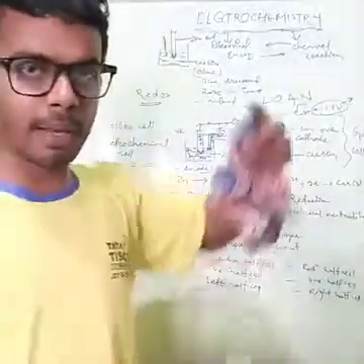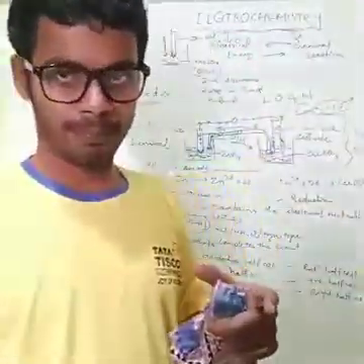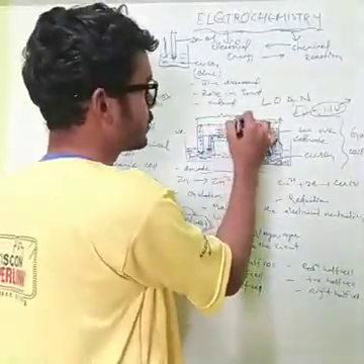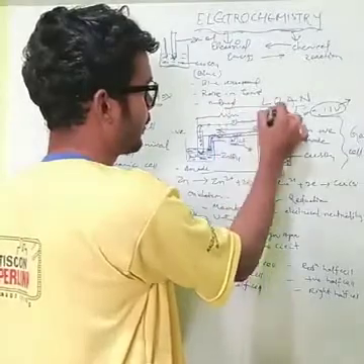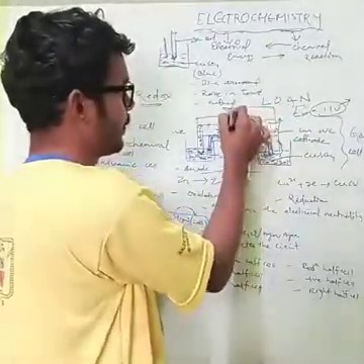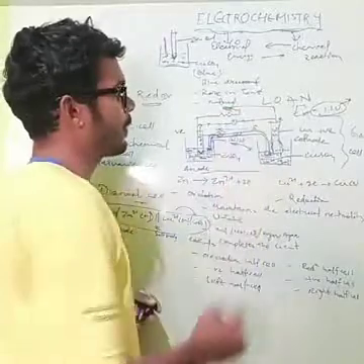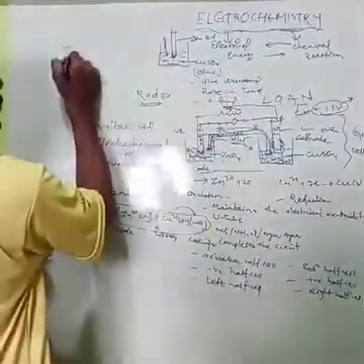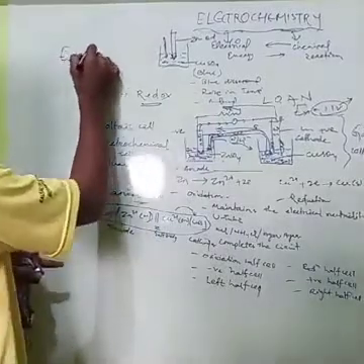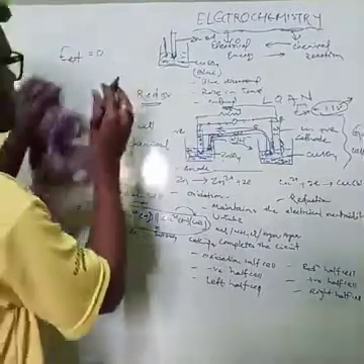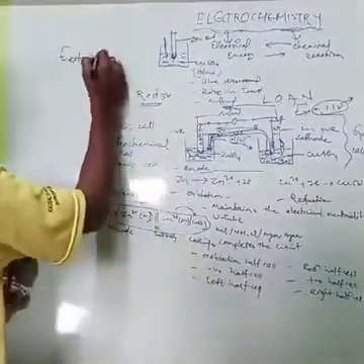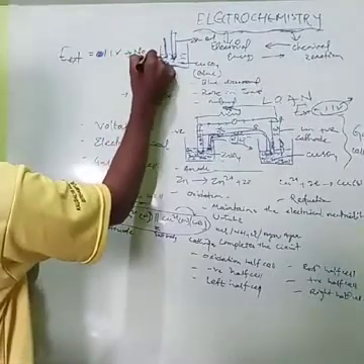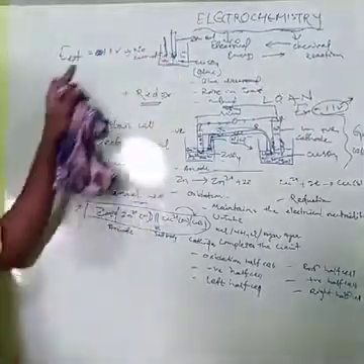Suppose you have applied some external potential, or connected through a resistance. If E external is equal to 1.1 volt, then there is no current flow in the galvanic cell.